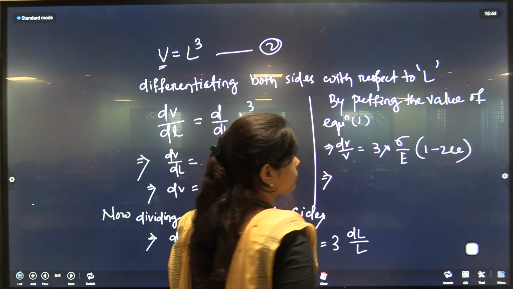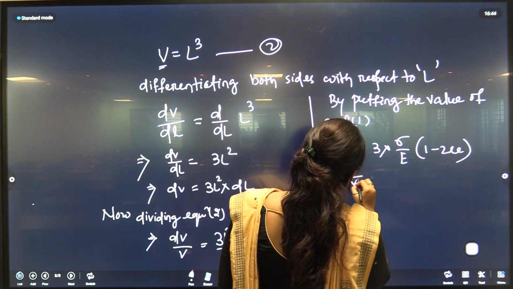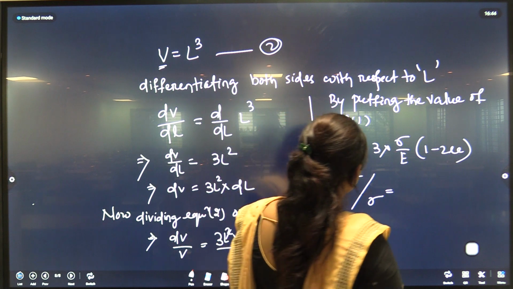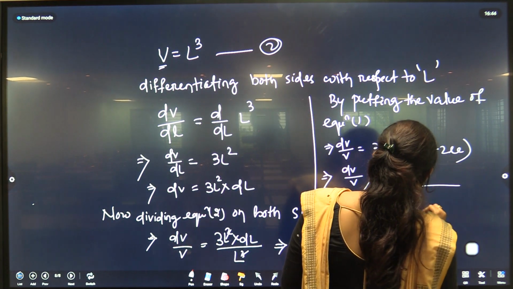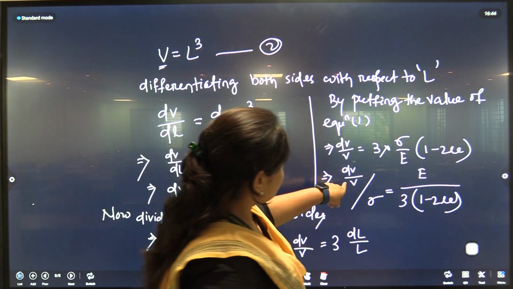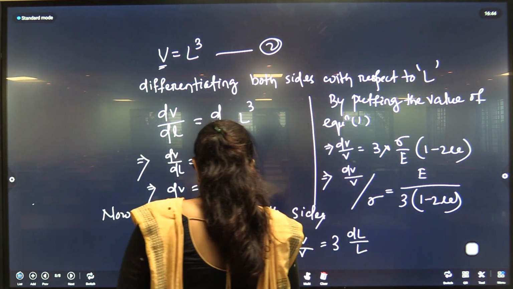So, dV by V by sigma will become E by 3 into 1 minus 2 mu. Okay, dV by V by sigma.